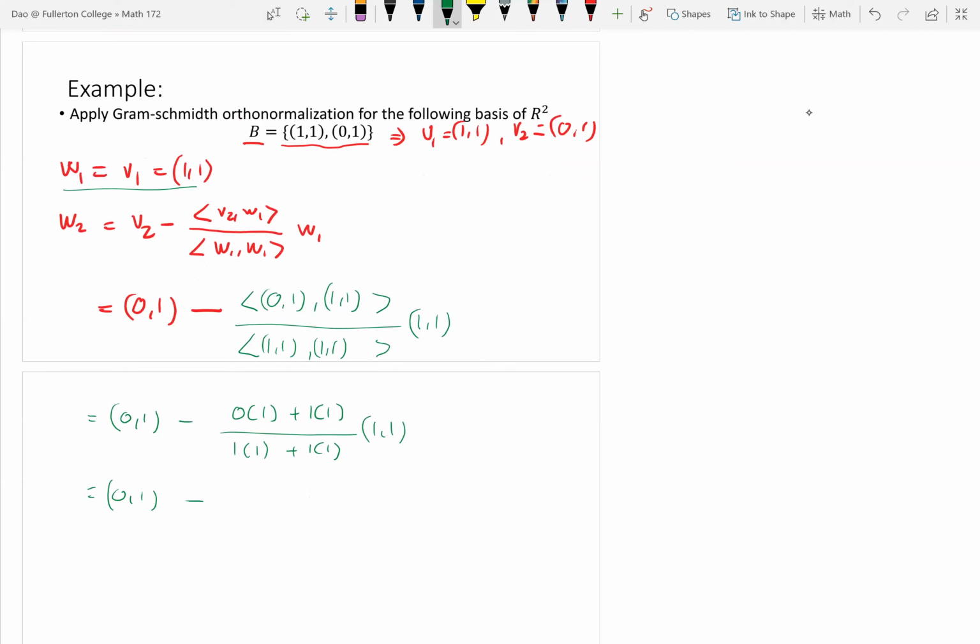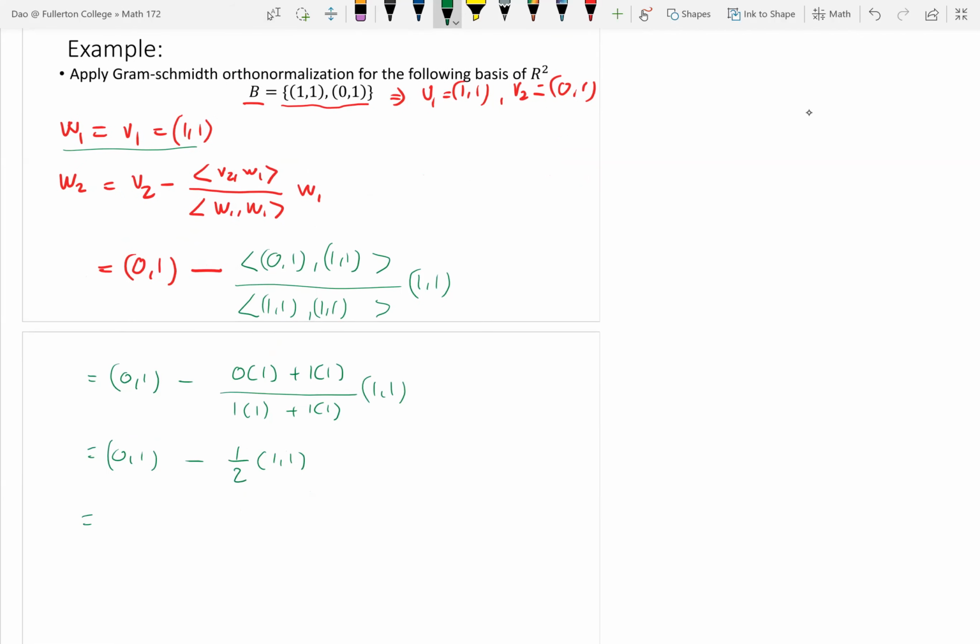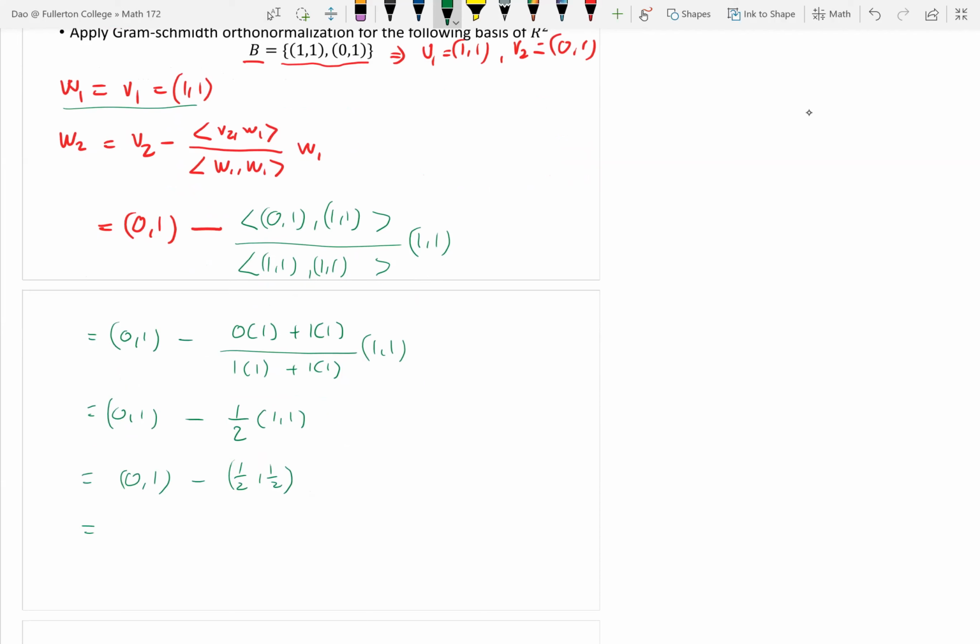So 0 times 1 is 0, and we have 1 over 2 of (1,1). We get (0,1) minus (1/2, 1/2), which gives negative 1/2 and 1/2. So that's W2.